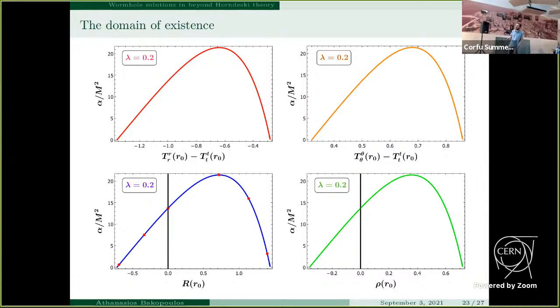We observe that the null energy condition is always violated at the throat for every wormhole solution. And the wormhole solutions may have positive or negative values at the throat for the Ricci scalar and the effective energy density.